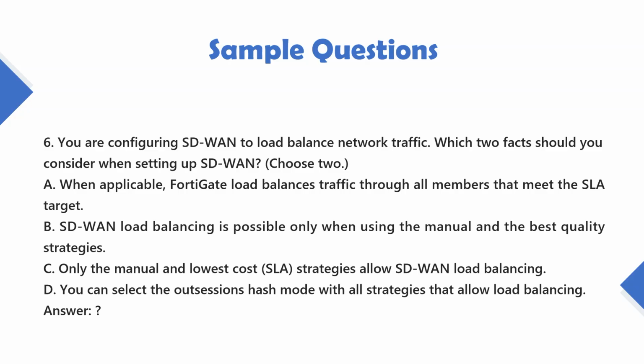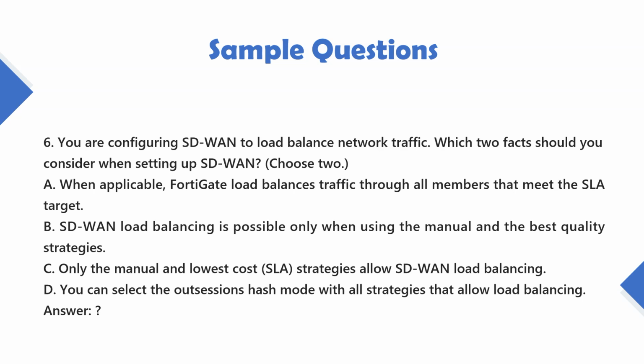6. You are configuring SD-WAN to load balance network traffic. Which two facts should you consider when setting up SD-WAN? Choose 2. A. When applicable, FortiGate load balances traffic through all members that meet the SLA target.